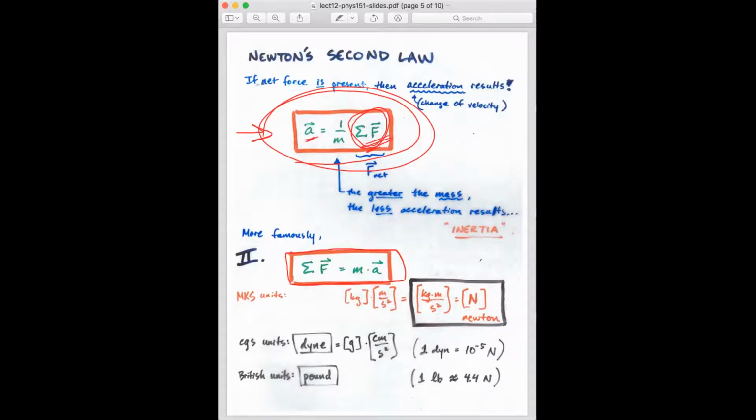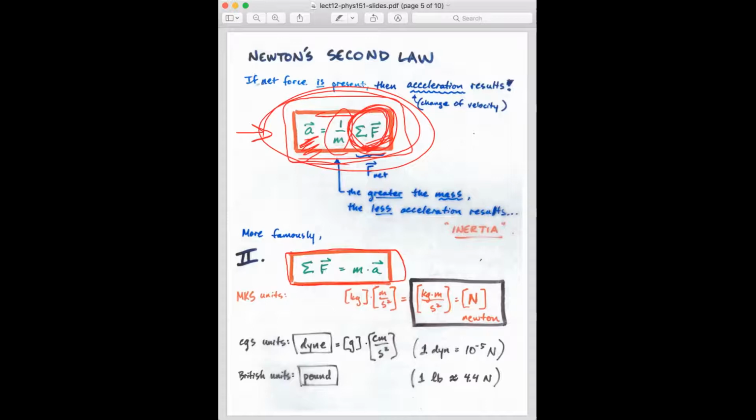It is not the case that when an object is accelerating, that causes it to have a net force. No, absolutely not. It is having net pushes and pulls acting on an object that will then cause it to change its velocity. That is the directionality. So that's why I like to think about Newton's second law this way. This also shows you the inverse proportionality with mass.